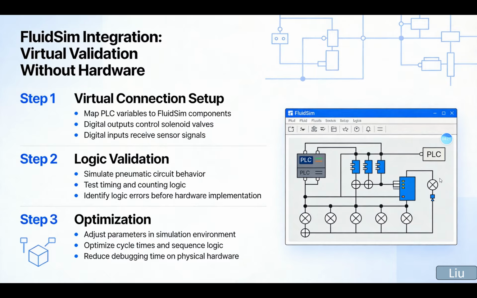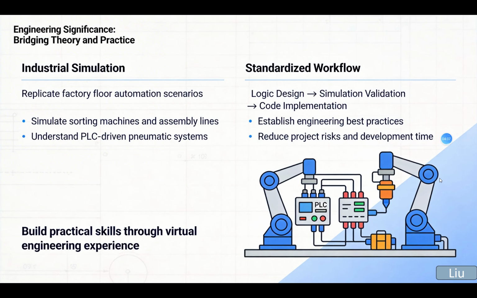And step 3 is optimization. Adjust parameters in the simulation environment, optimize cycle time and sequence logic, and reduce debugging time on physical hardware. So then you can see the engineering significance: bridging theory and practice.